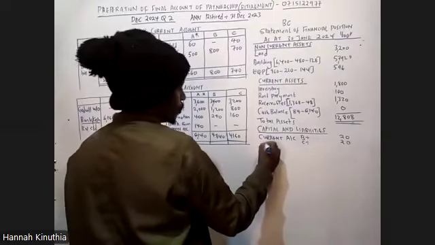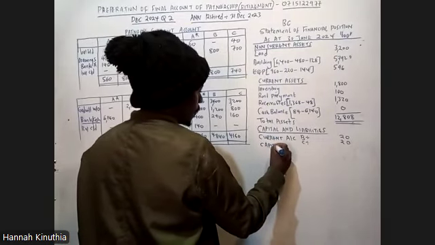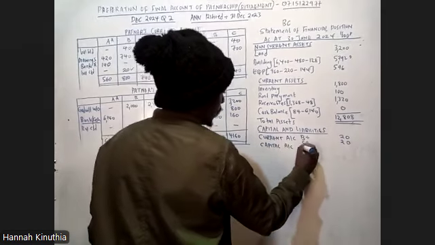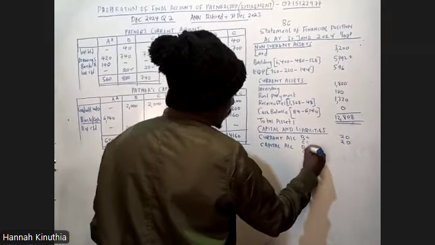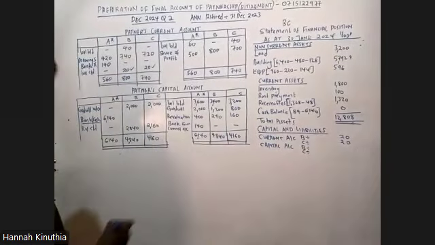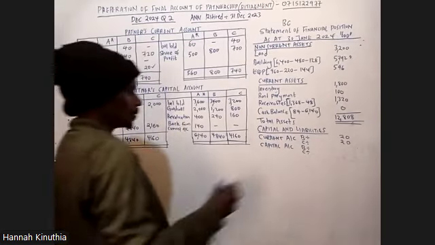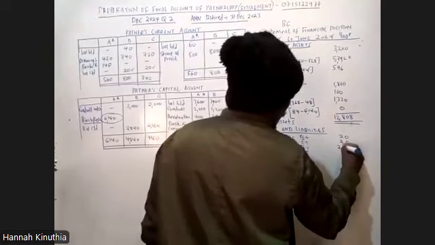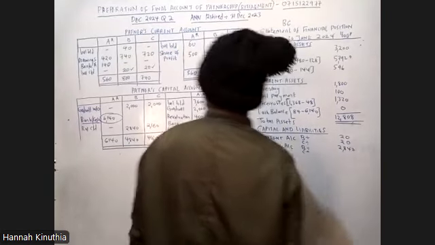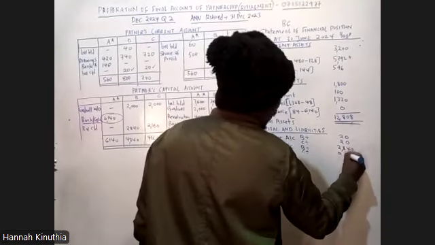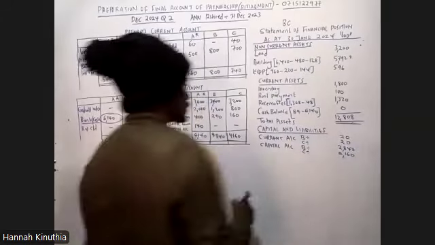Aya, capital account. B and C kwa sababu A retire. So A retire tunafaa kumlipa 6140. So 2840 na 2160.